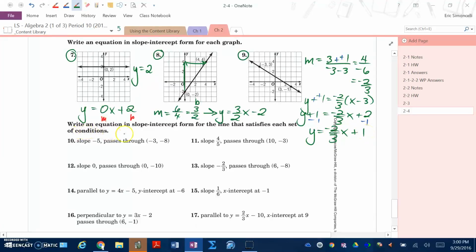Moving on, it says write an equation in slope-intercept form for the line that satisfies each set of conditions. We'll do number 10. The slope is negative 5, and it goes through the ordered pair negative 3, negative 8, which I'll write as x1, y1 up above. So again, if I use the form y minus y1 equals m times x minus x1, plugging in the appropriate values, turning my minus negatives into plus positives, I'll go ahead and distribute the negative 5, so that leaves me with y plus 8 equals negative 5x minus 15.